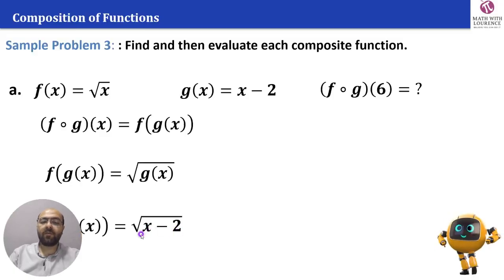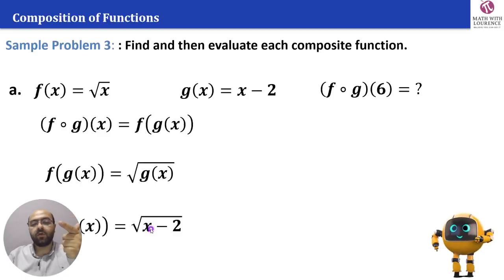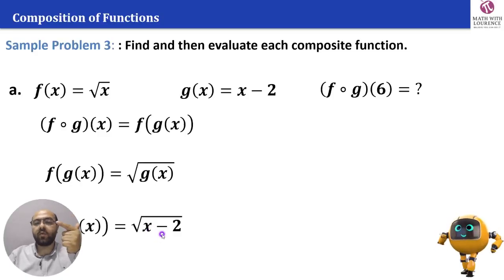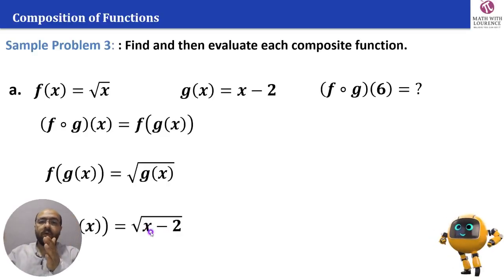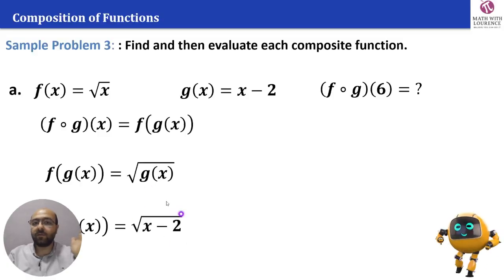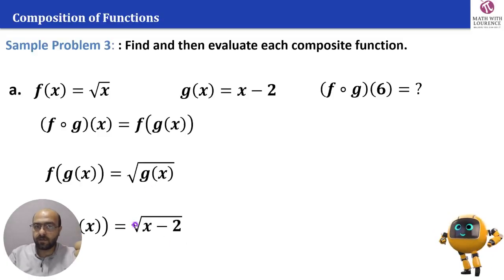If I write 3, 3 minus 2 equals 1, so I have a square root for positive 1. 3 minus 2 is 1, 4 minus 2 is 2, 5 minus 2 is 3, so all of them are positive. I will start from 2, because 2 minus 2 equals 0, until all numbers positive. So the domain will be from 2 until positive infinity. Deal? Deal. Okay.